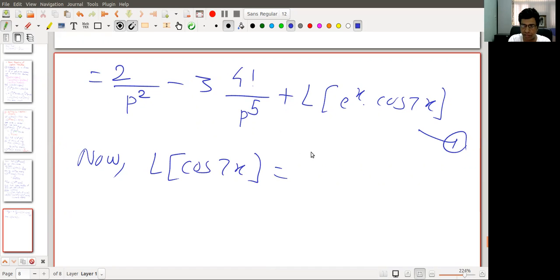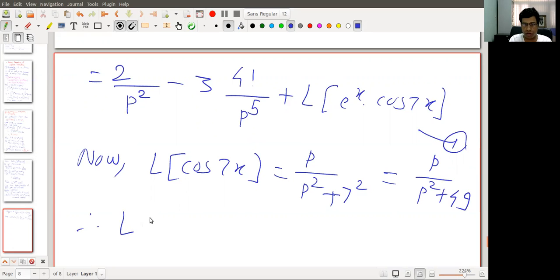Okay, if this is b, then p divided by p square plus this square, 7 square, p divided by p square plus 49.